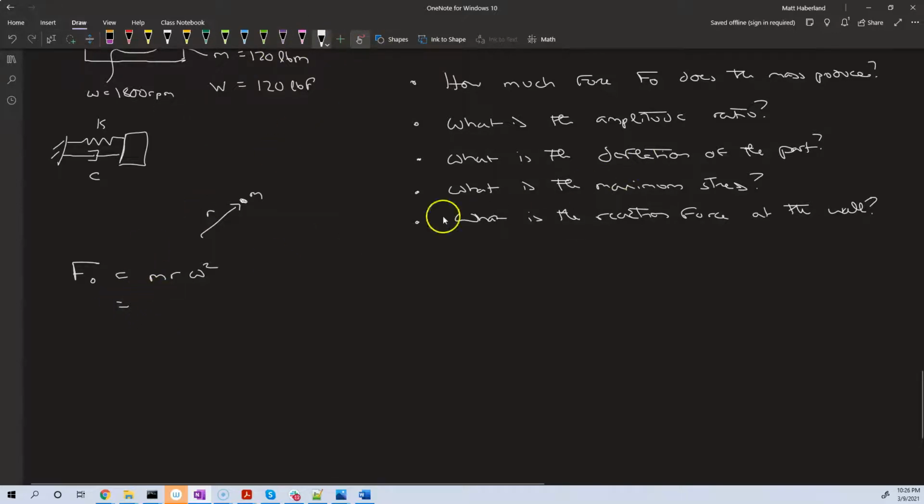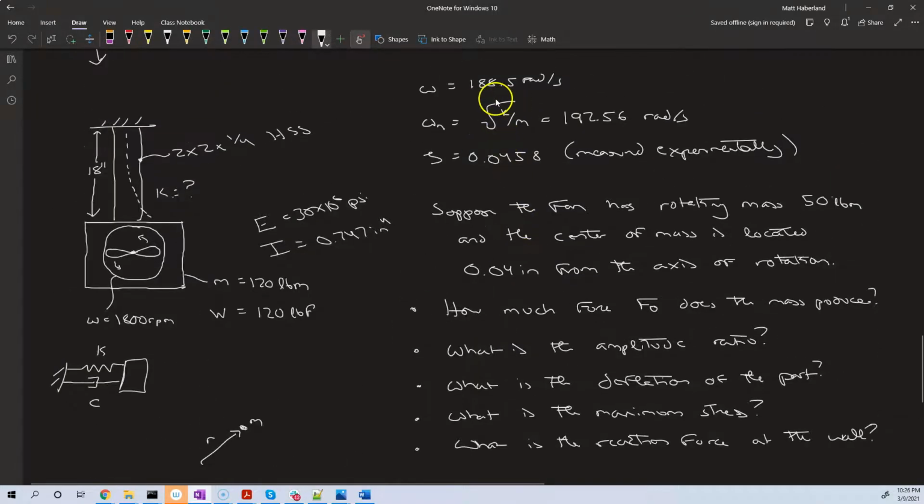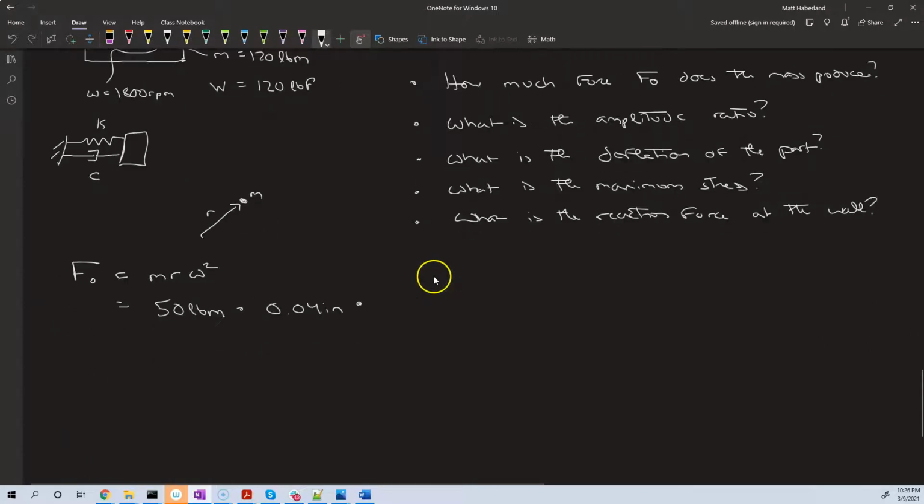This mass was 50 pounds times 0.04 inches times our omega, not omega n, omega 188.5 radians per second, and that gets squared. That's going to give us 71064.5 in units of pound mass inches per second squared.